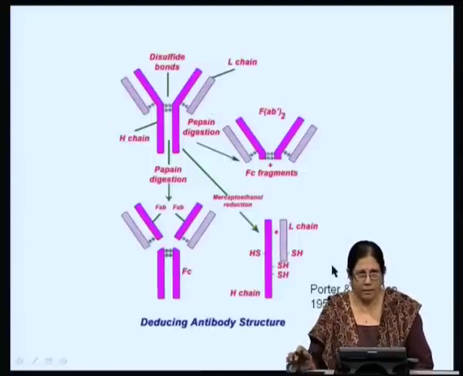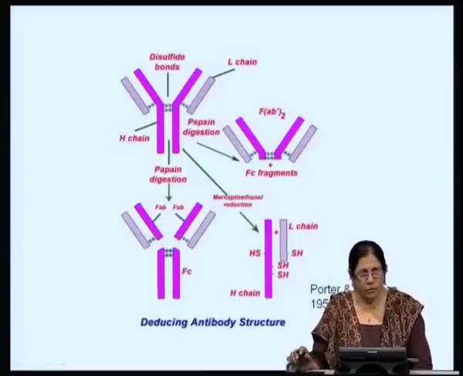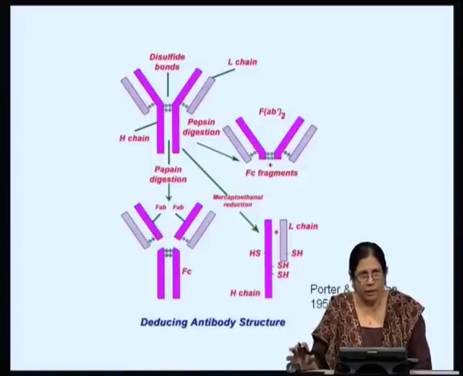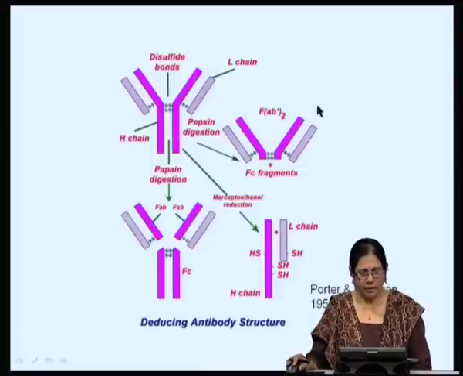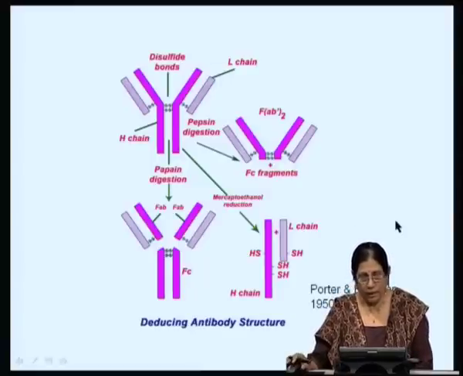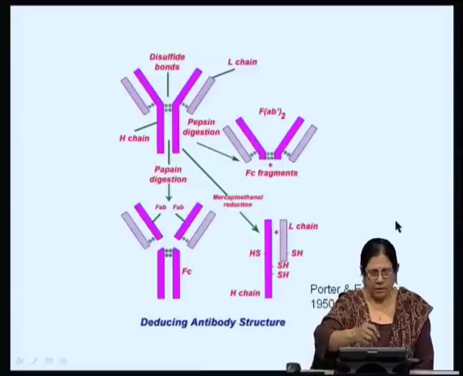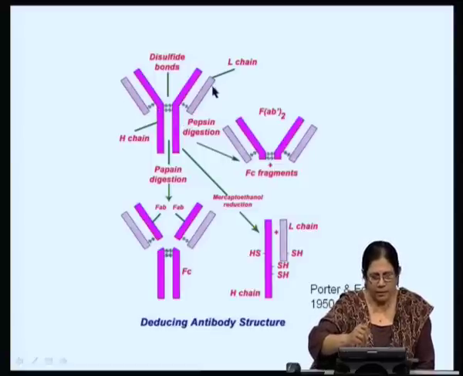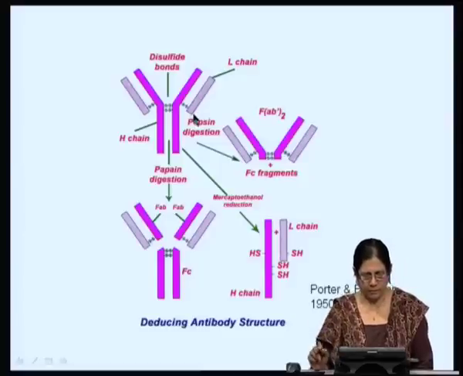Since then, people started to search for the structure of this gamma globulin fraction, or the antibody as we know it now. There were a large number of scientists looking at the structure, and now we know the structure as two heavy chains held together by disulfide bonds, which in turn hold the light chains.